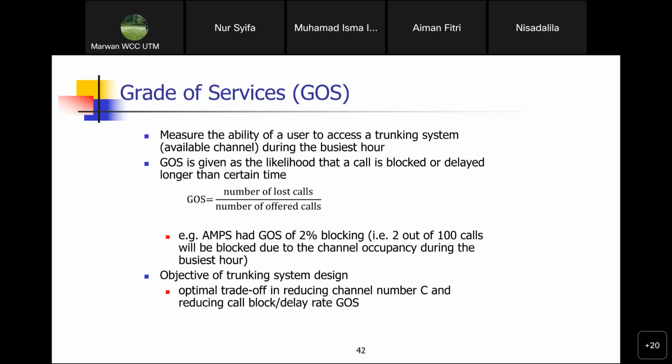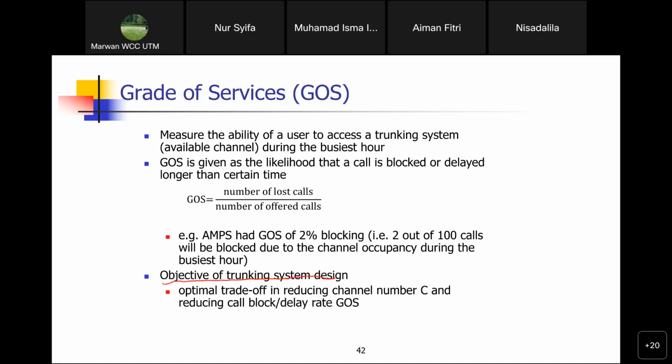By having that, you can increase the number of subscribers per cell. So the objective of our design is to get a trade-off between the cost and the increase in the number of channels that can be served within one cell.